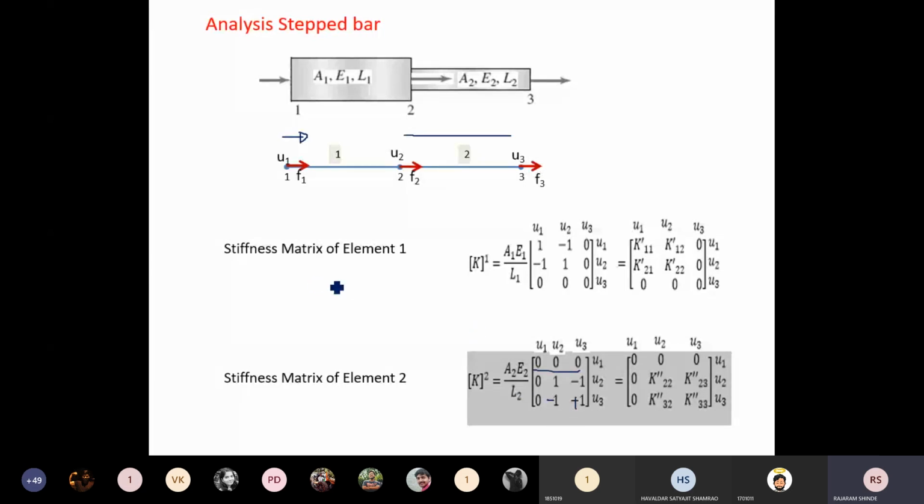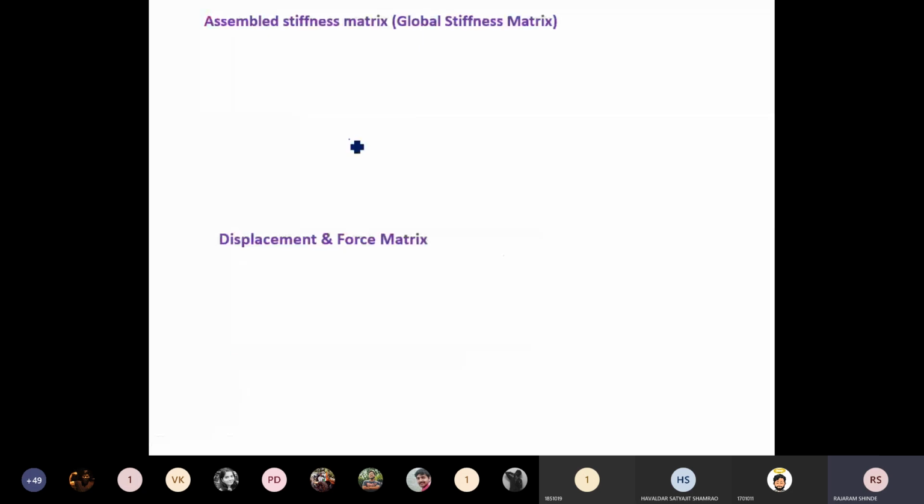These are the actual stiffness matrices in assembled position, or in the global stiffness matrix. After that, for finding the assembled stiffness matrix, you take the addition of these two. When we add these two, you get this assembled stiffness matrix.